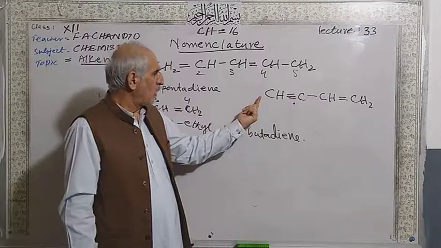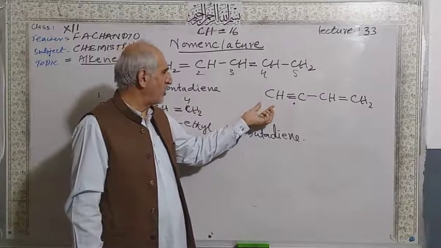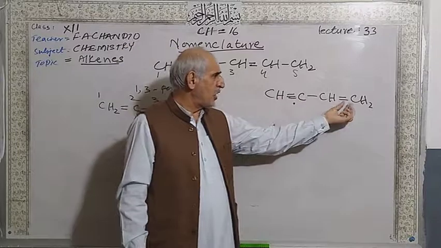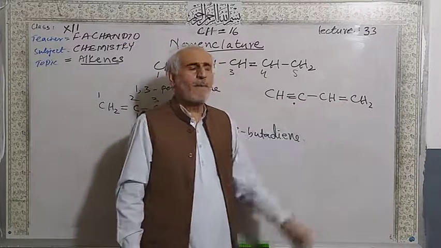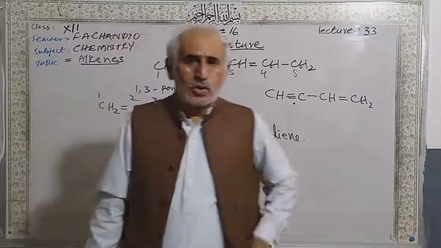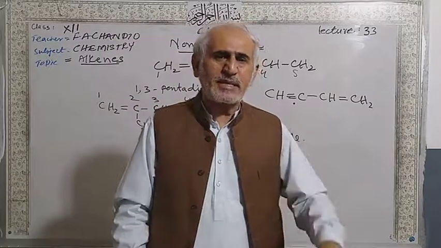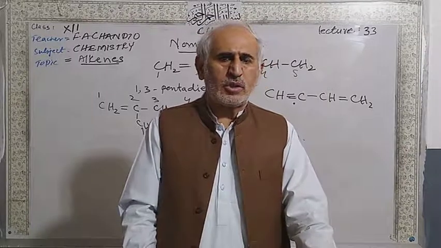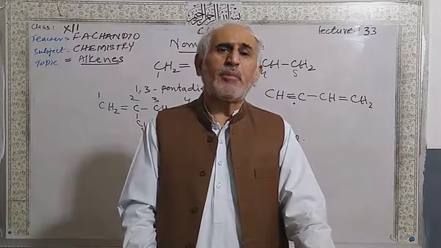So, starting from here, position number 1, there the triple bond. Starting from here, 1, there the double bond. So, the question is, from which side do you start the numbering?